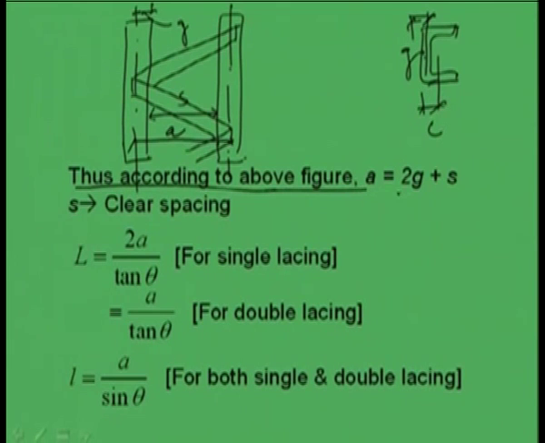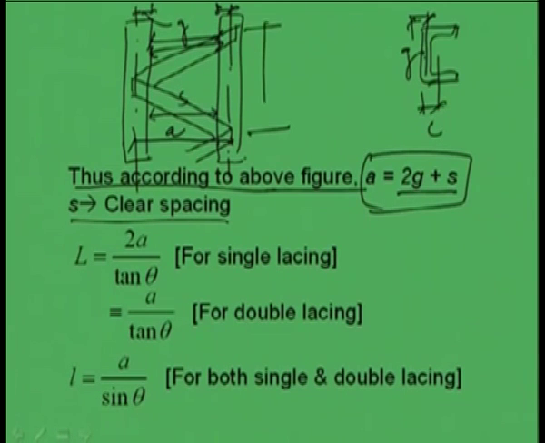A is equal to 2G plus S, because this is G, this is G and this is S, where S is the clear spacing between the two main components. So, the first step is to find that A, which is 2G plus S. Then we can find the L.